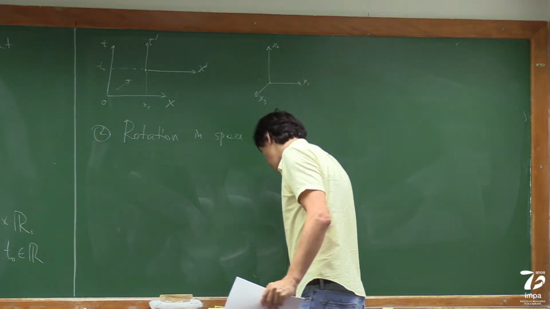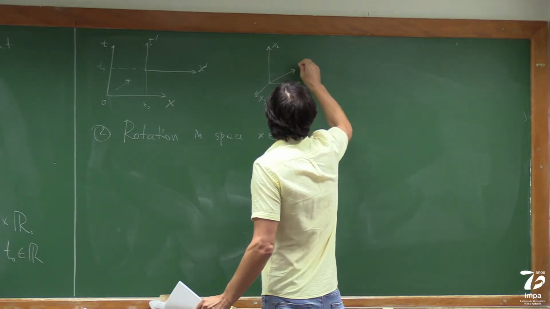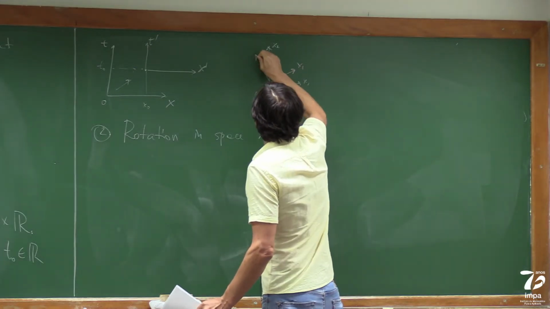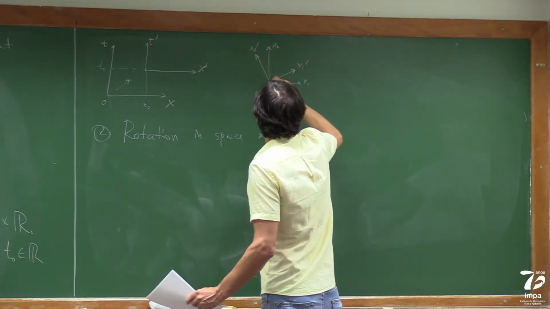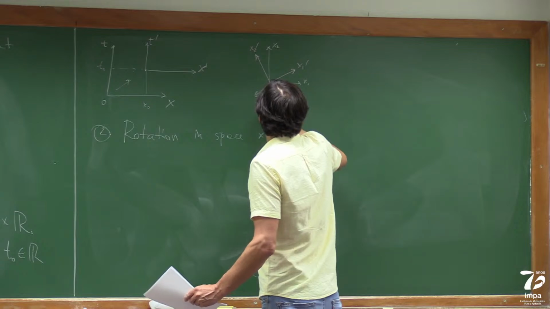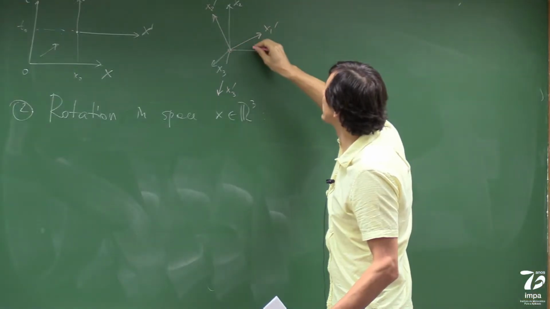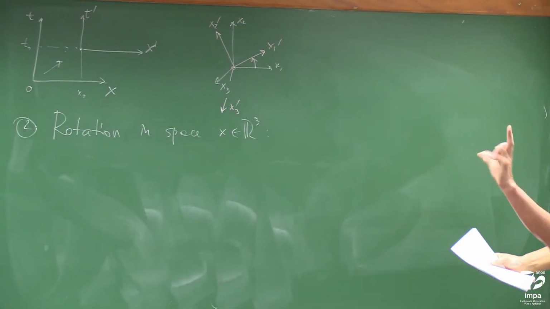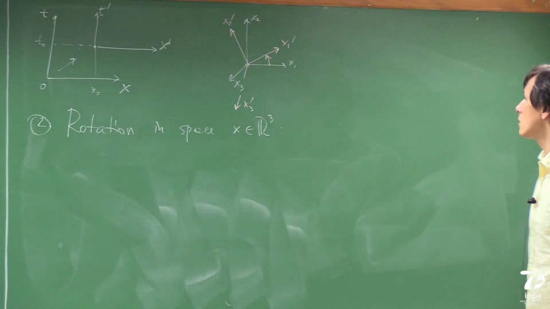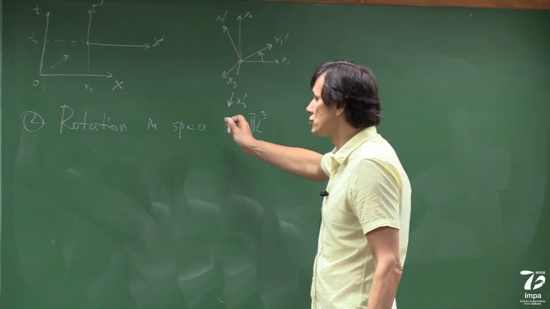So it means that you can take another coordinate system just by rotating the first one in three dimensions. And this is also what changes coordinates.